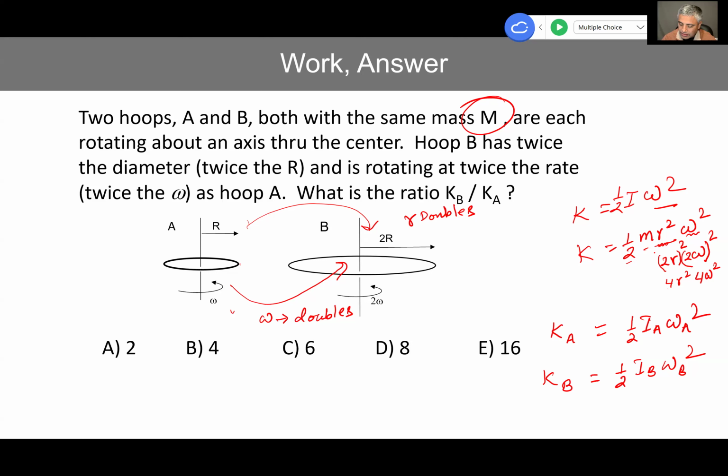Since these things multiply each other, 4 and 4 multiply as well, and it becomes 16. So when you double these two things, the new kinetic energy becomes 16 times more because those quantities are squared in the equation. If there was no square, then yes, that would be 2 times 2, which is 4. But remember, they are squared, so you need to square the double.